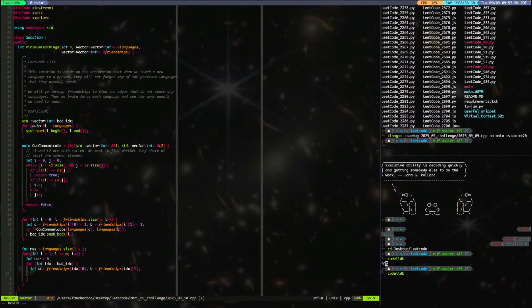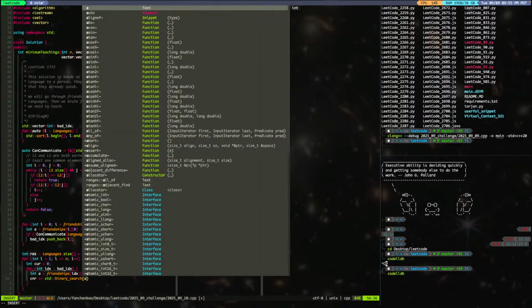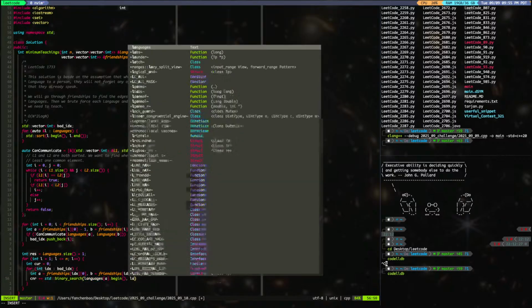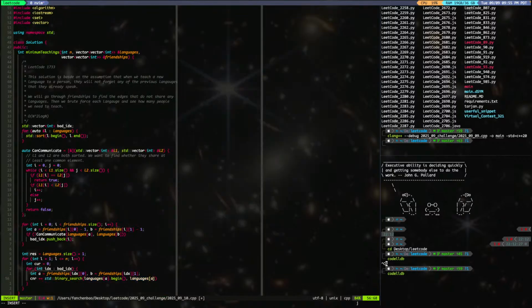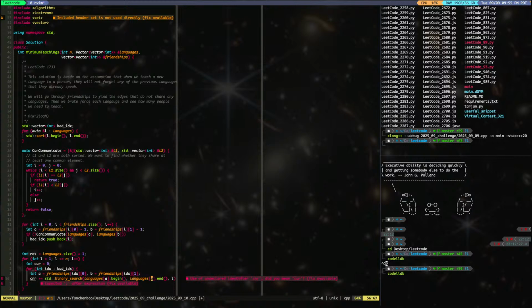We can use binary search to say current plus equal to std binary search languages A dot begin, languages A dot end, and L. If it's true, which means that it exists, we don't have to teach.